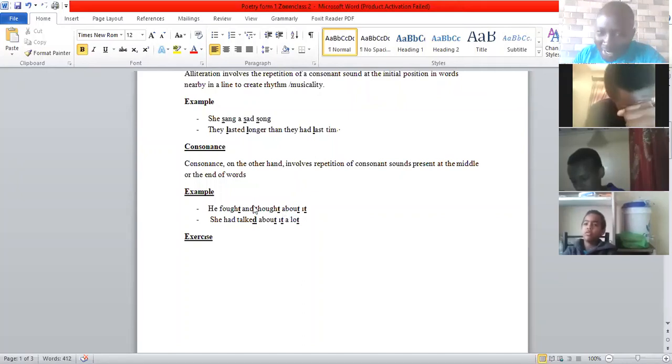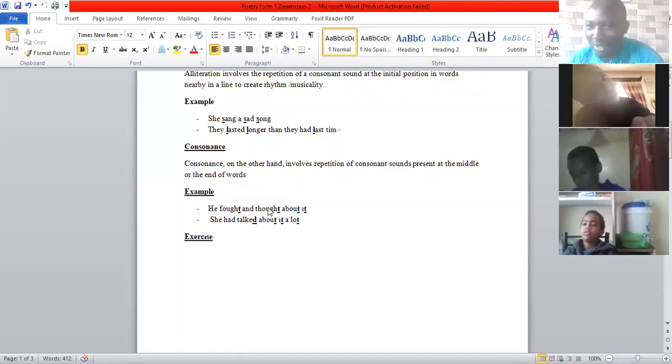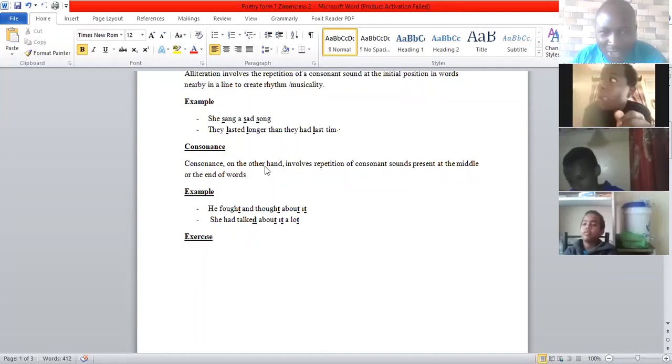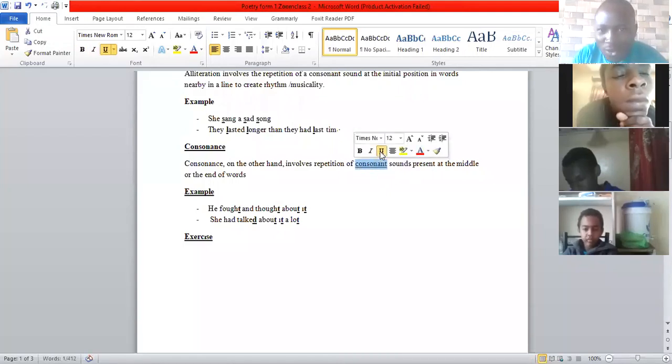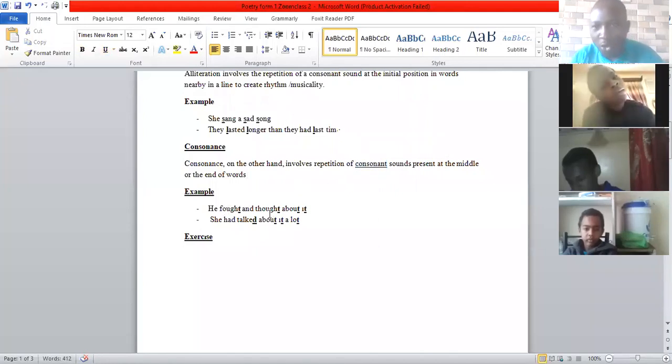So this one, you will see where we will consider these OU. These are vowel sounds. Pacho, remember we said that our point here, consonants, involves consonant sounds. Let me underline it. That is where our point is, and that's where we cannot look at OU. Pacho, are you okay now?